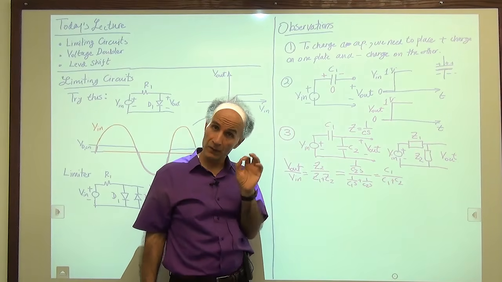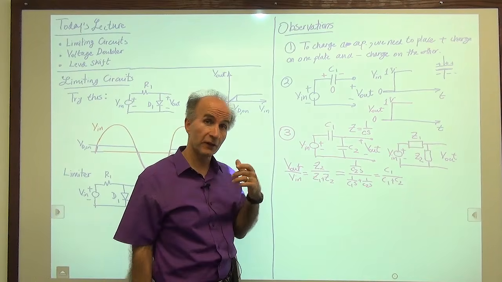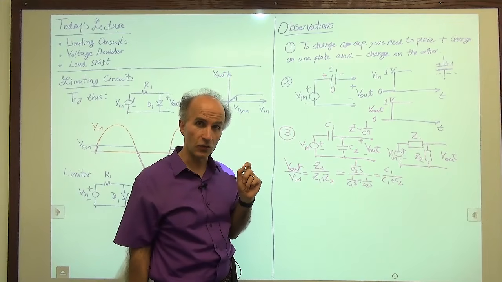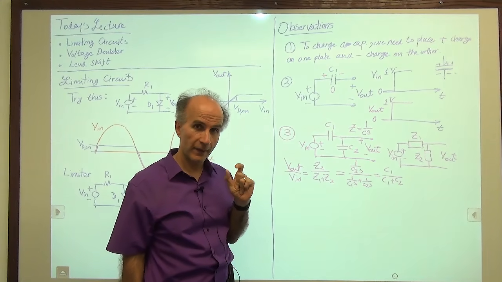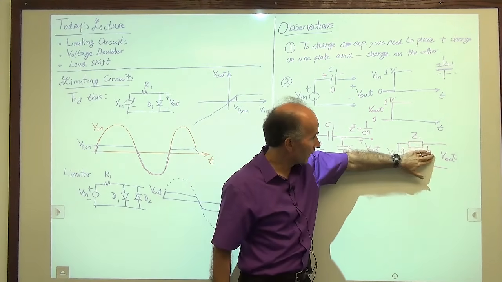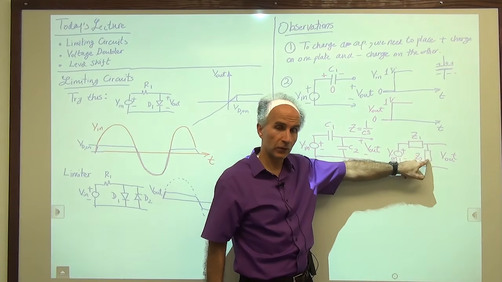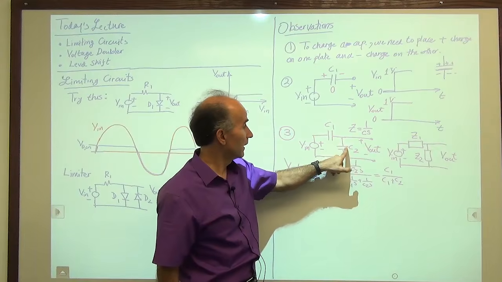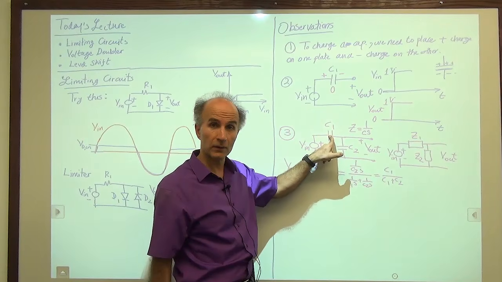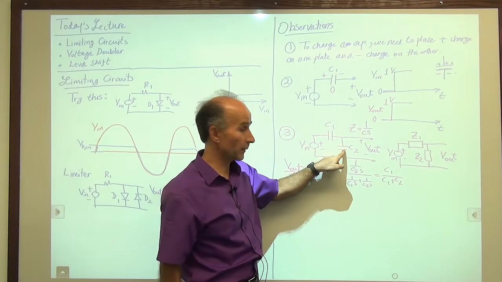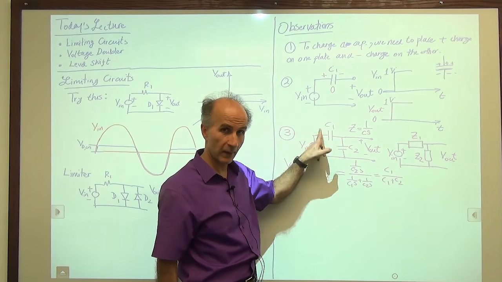This equation, in fact, is very similar to what we had for the resistive divider, with a slight change. In the resistive divider, we had this resistor divided by the sum of the two. Here, we have this capacitor, C1, divided by the sum of the two, not this capacitor divided by the sum of the two.